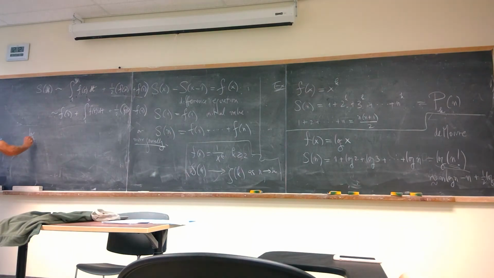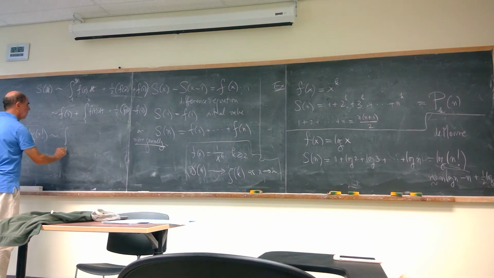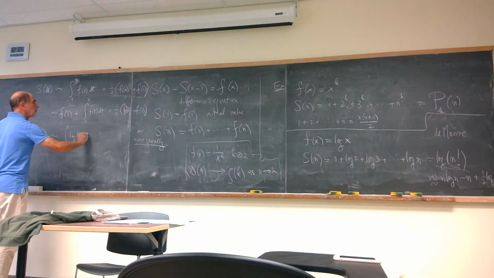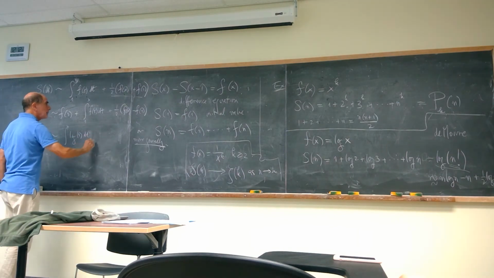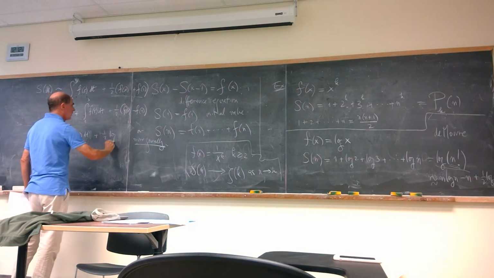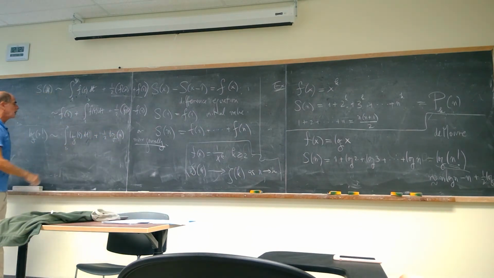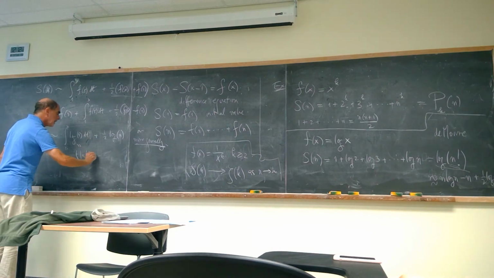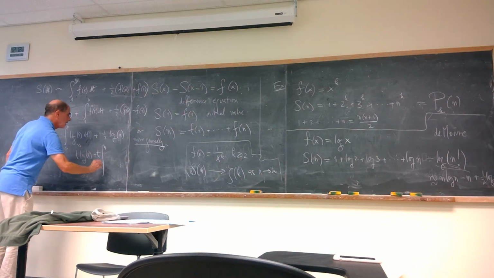the log of n factorial is about f of 1, the log of 1, that's 0. Then I have to integrate from 1 to n of the log of t dt, and then I have to take plus 1/2 the log of n. Well, what's this integral? Well, you need to find an antiderivative of the log of t, and the antiderivative is t log t minus t from 1 to n, right?